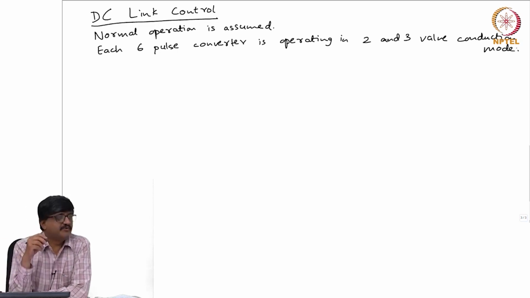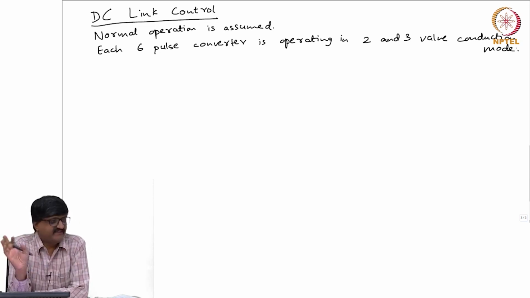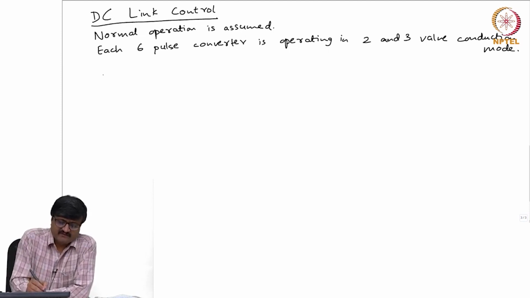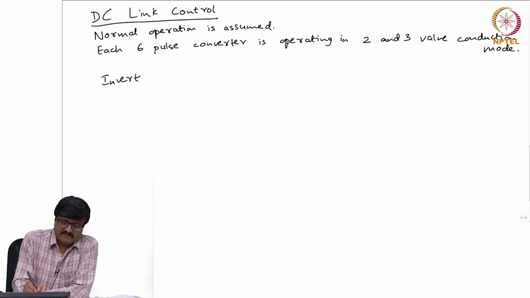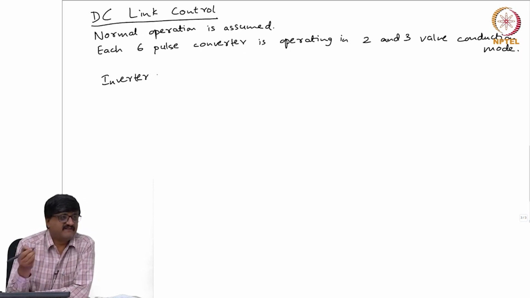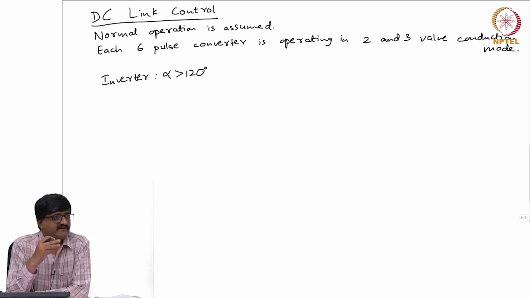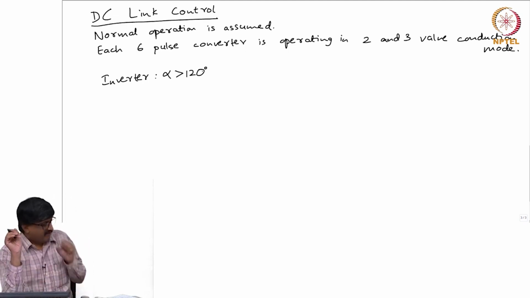And when it comes to one of the sides, that is the inverter side, what is the value of alpha when I say normal operation? It should be greater than 120. In fact, it is far away from 120, and it is much greater than 120.